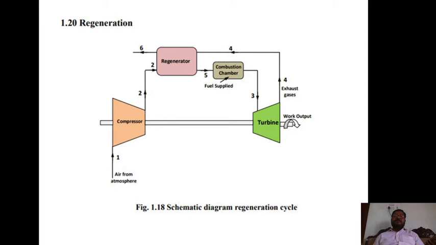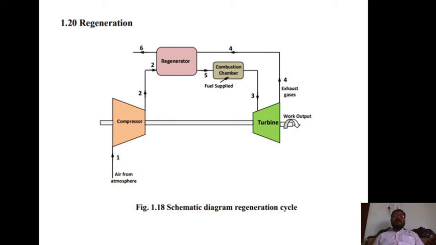Whatever work the turbine develops, some part of it is absorbed by the compressor incorporated within the cycle. The compressor sucks air from the atmosphere and compresses it, and then it is passed through the regenerator, and then to the combustion chamber.